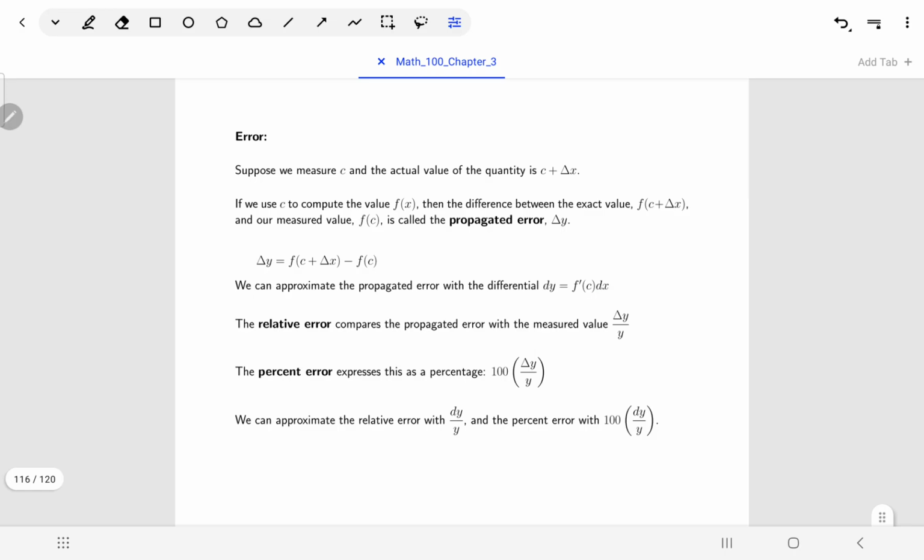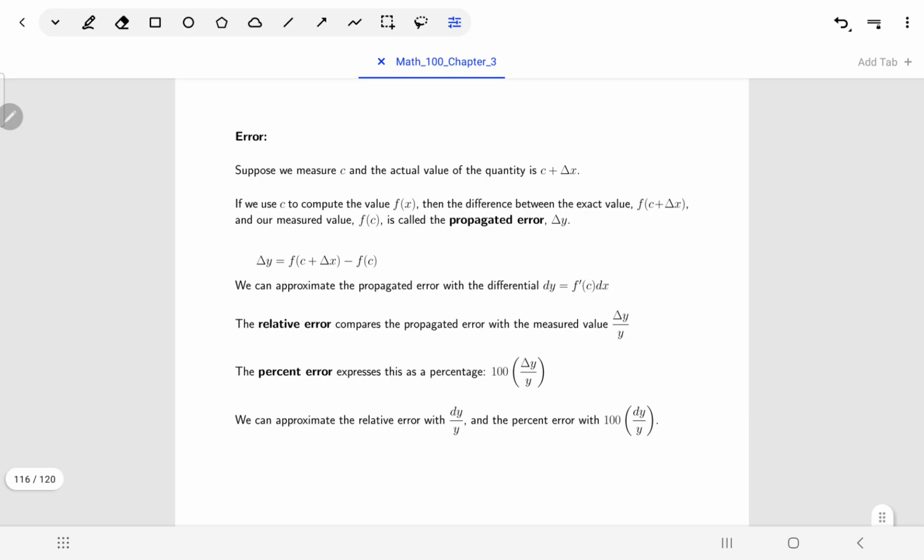If you wanted to know what is the relative error, how much of an error do you have compared with the actual measured value, that is the relative error. So here we're scaling things in terms of how big is the actual y measurement itself. So our delta y divided by y, that's our relative error. And if we wanted to turn that into a percentage, then multiply by 100.